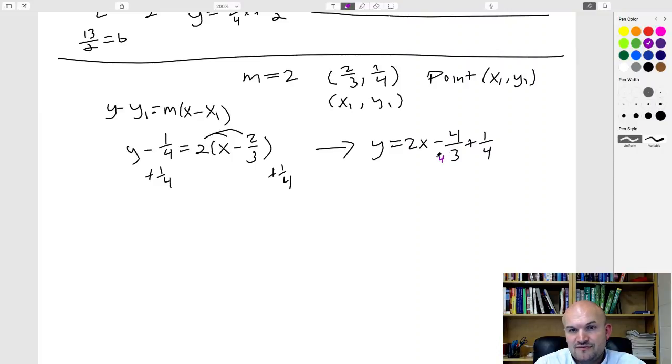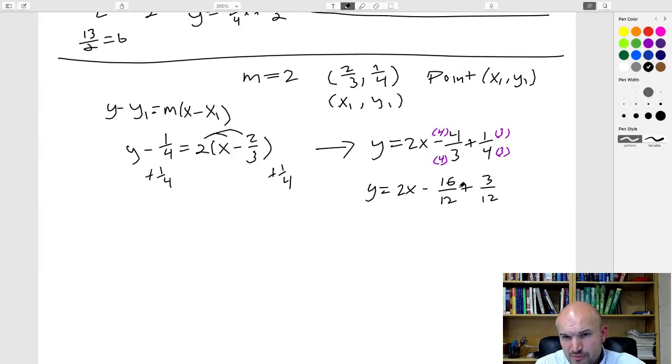So I'm going to multiply by 4 over 4 and 3 over 3. So therefore what I have is y is equal to 2x minus 16 over 12 plus 3 over 12. And remember that's a negative, so therefore I get y equals 2x minus 13/12. And there you go. That is your answer.